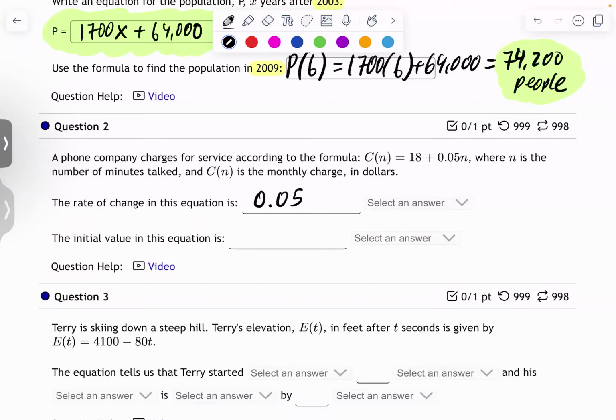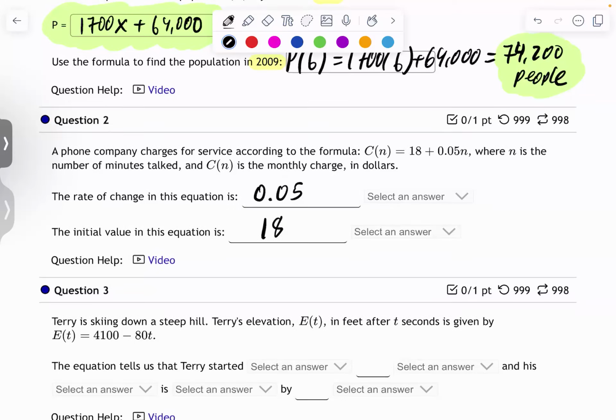And the initial value is going to be the 18. And that is in dollars. And this is dollars per month.